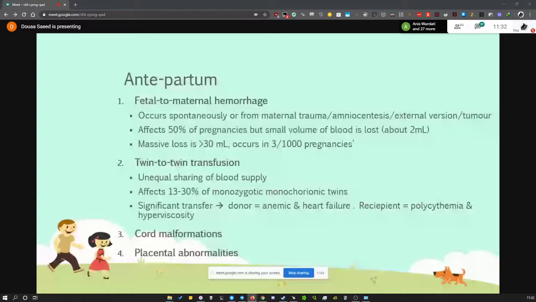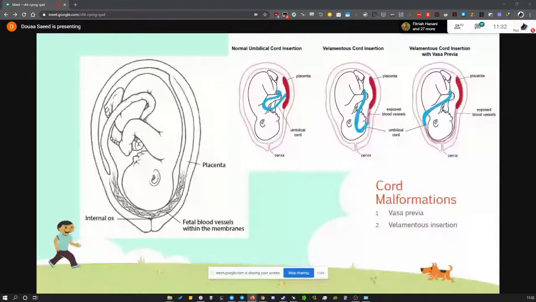There are also causes from cord malformations and placental abnormalities. For cord malformations, we will focus on two: the vasa previa and the velamentous insertion. In vasa previa, it's the first picture, whereby the fetal blood vessels within the membranes are located below or over the internal os.